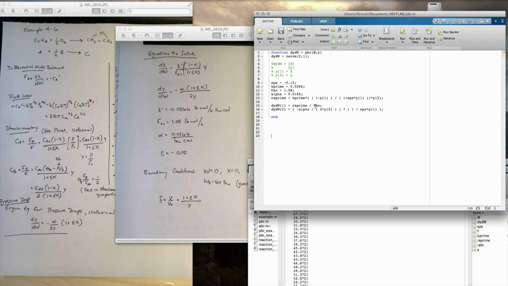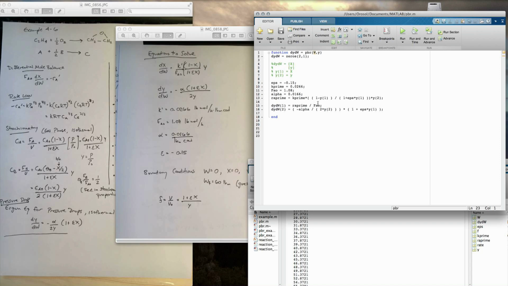The reason why I like doing it like this is, if I put this in for dx dw instead of this, I can easily reuse this code for other problems, because all I need to do in the future is change RA prime and change the values of these constants, or put different ones in depending on what I need.